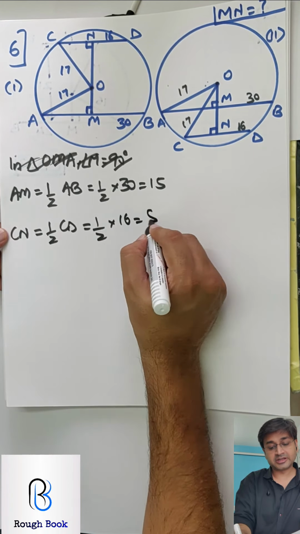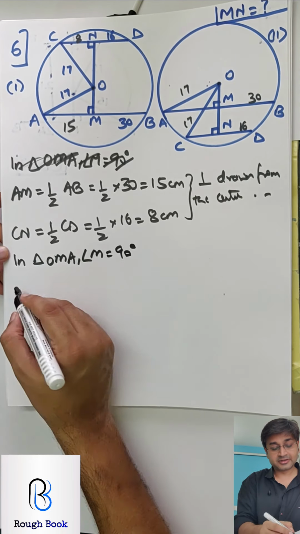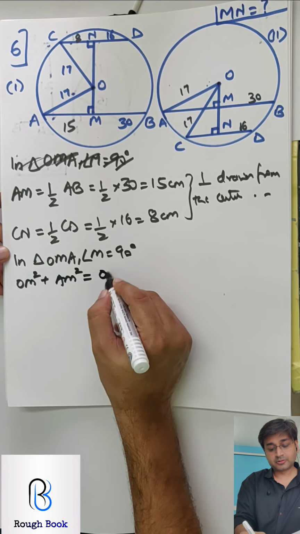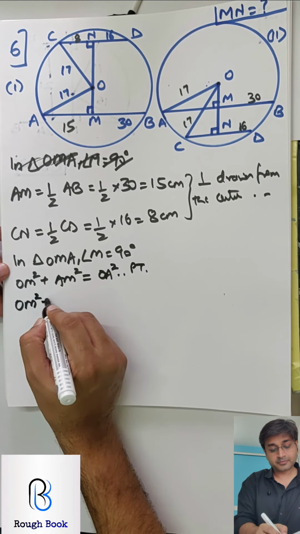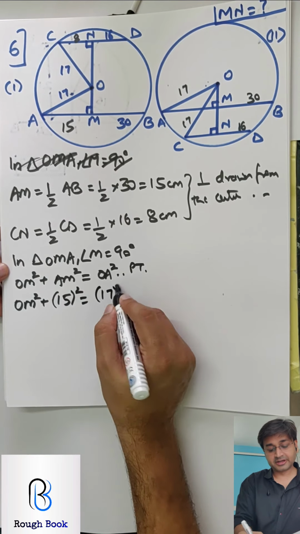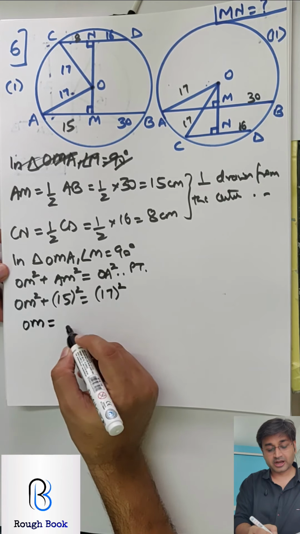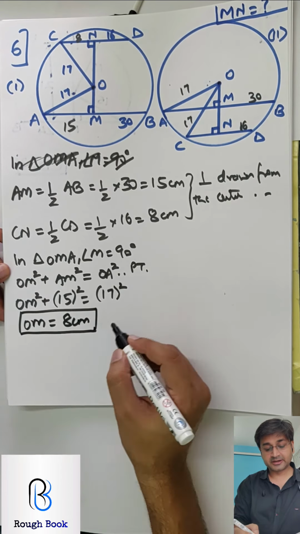So in triangle OMA, angle M 90 degrees. So therefore OM square plus AM square is equal to OA square, Pythagoras theorem. OM is unknown, but AM is 15 and OA is 17. So 289 minus 225, that's going to be 64, and root of that is going to be 8. So I will get OM as 8.